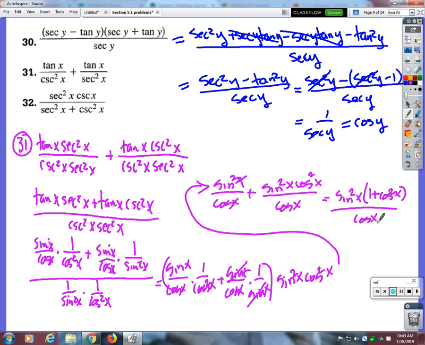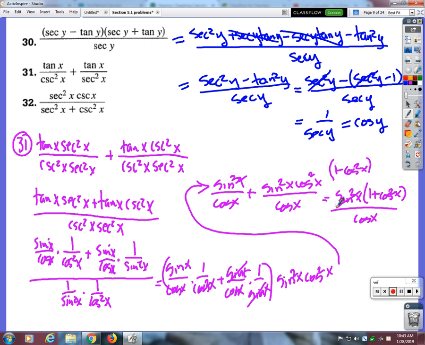That's a good answer. We'll call it there. We'll leave it there. No, I got it. Sine squared is 1 minus cosine squared. Okay.